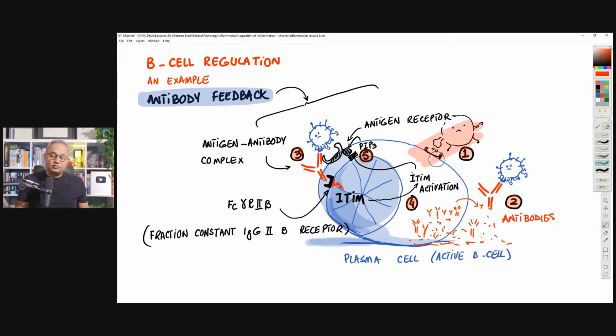So when the antigen is present, and then the B cell gets co-stimulation from the helper T cells, B cells become active, right? Helper T cells would release interleukin 4 and interleukin 5, and they would activate the B cells by proliferating them and differentiating them. For our discussion, they become active B cells. When they become active, they're called plasma cells. The plasma cells are now releasing antibodies.